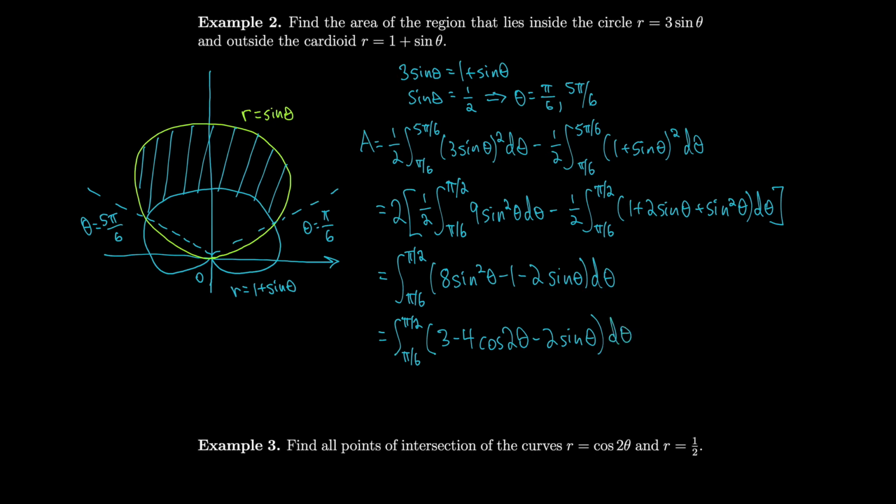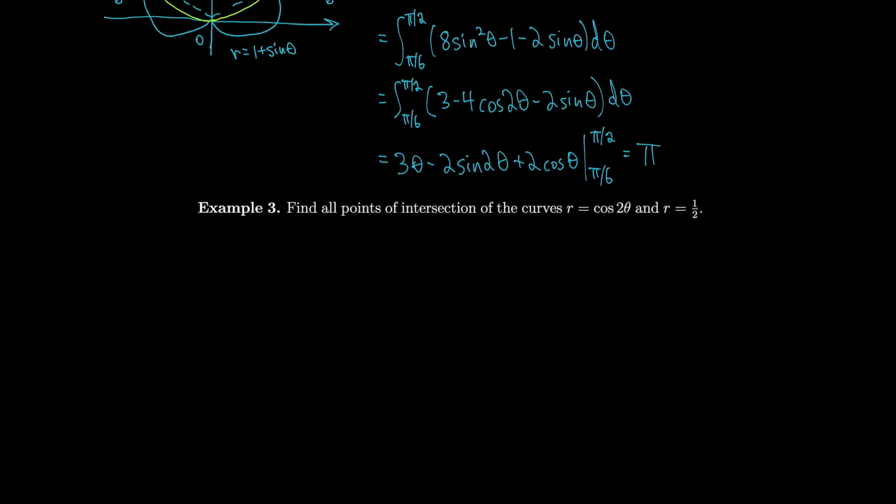We take our antiderivative, and we get 3 theta minus 2 sine 2 theta plus 2 cosine theta, evaluated from pi over 6 to pi over 2, which is just exactly pi. Pretty cool. That area is exactly pi.